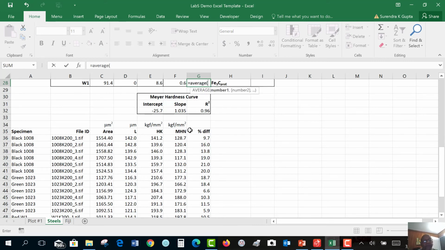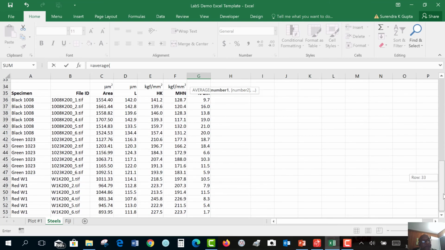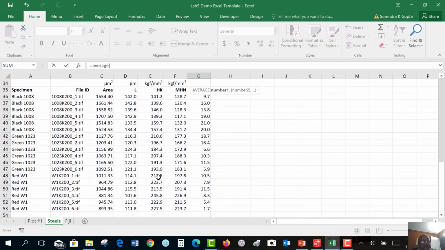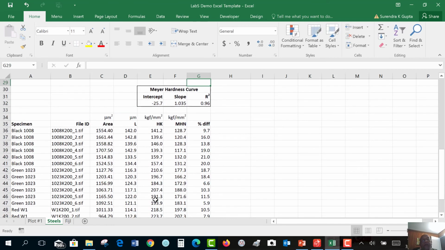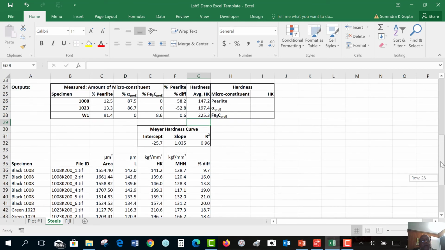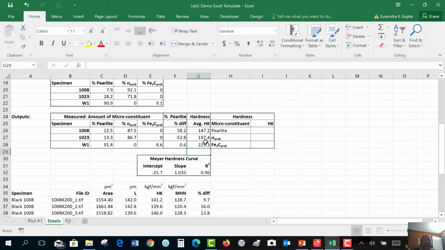Average of the next 6. Red sample. So the first thing we notice is as percentage carbon increases, the hardness increases, the average hardness.